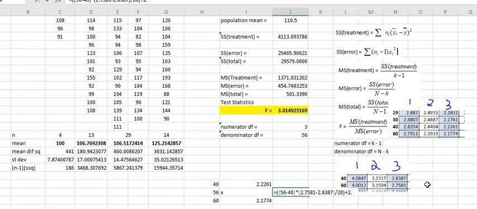Okay, so yun lang naman. 2.774. So, sa book 2.75. Okay na. Dito kasi 2.7581. Ito naman nakuha ko 2.77.